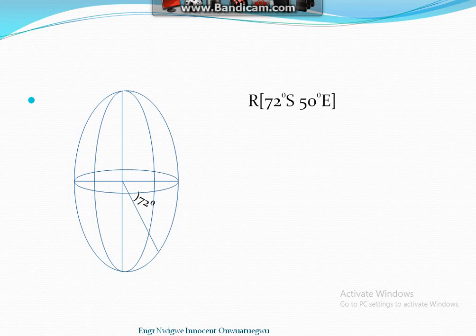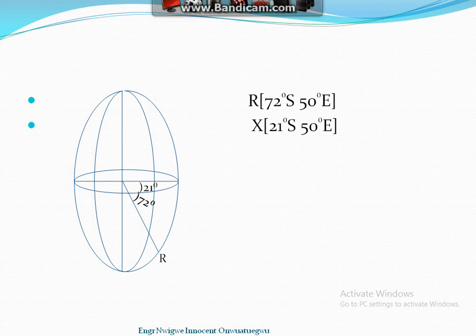Now for the location of point S, we use our protractor since it is also south, which is under the circle. We measure out 21 degrees from the equator on the great circle.